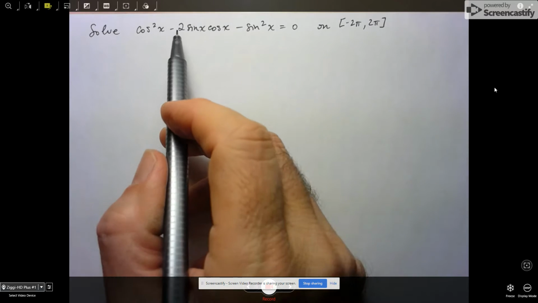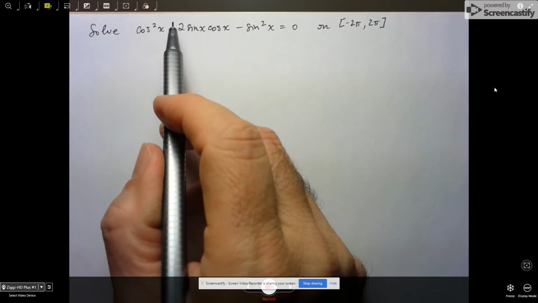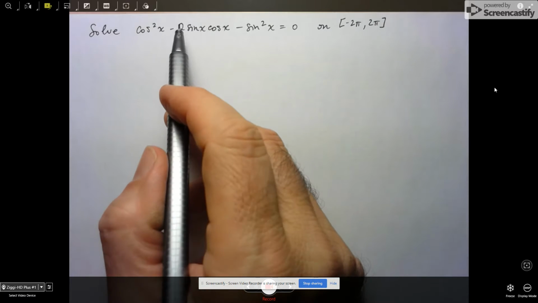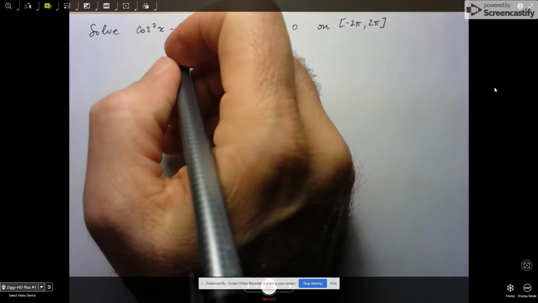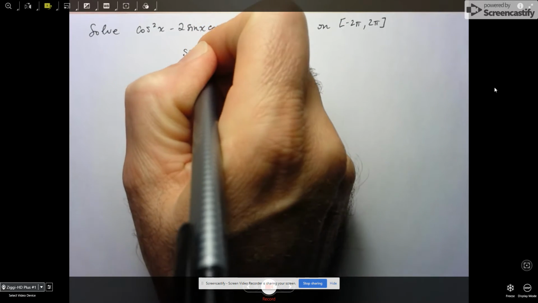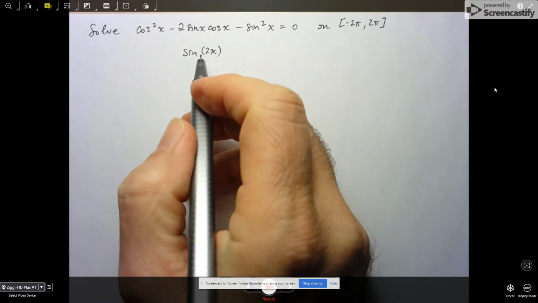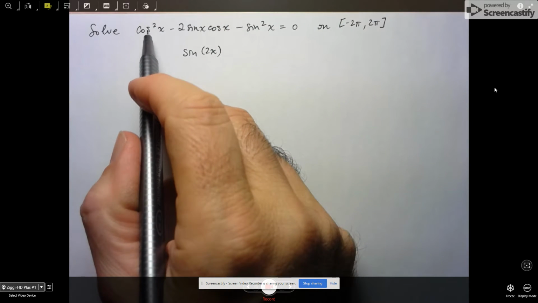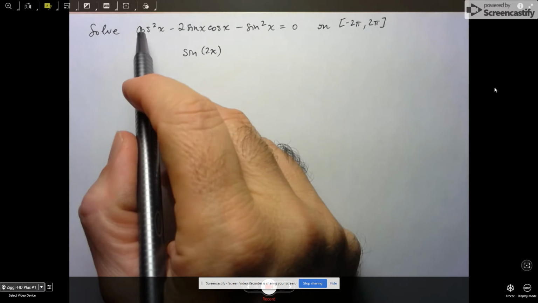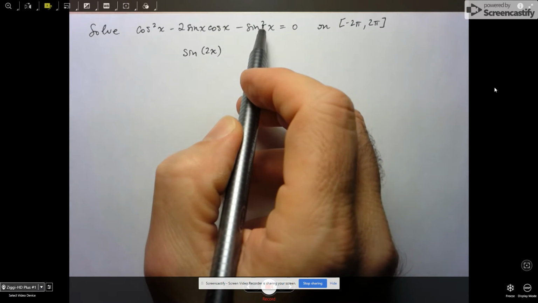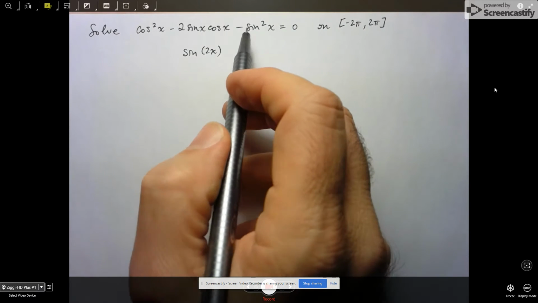Okay, and hopefully you might take a look at this middle term and say, hey, that looks familiar, because that looks a lot like sine of 2x. On its own, not so interesting until I look at the other two terms, cos squared x minus sine squared x, and you realize that's equal to cos of 2x.